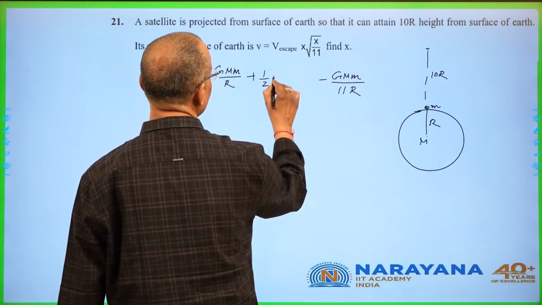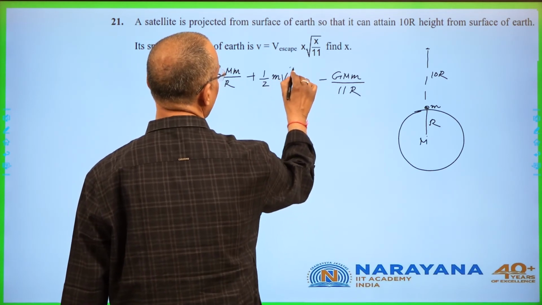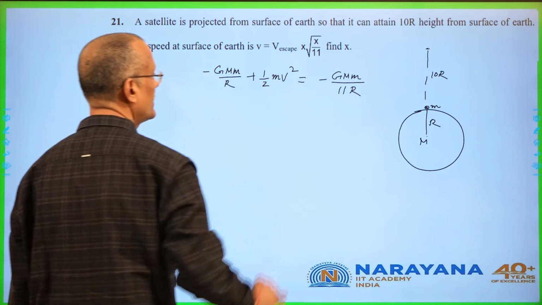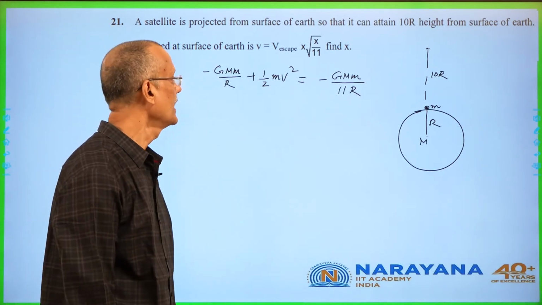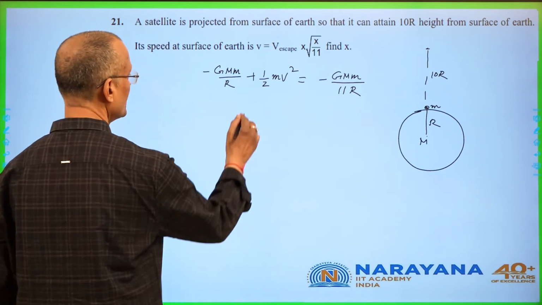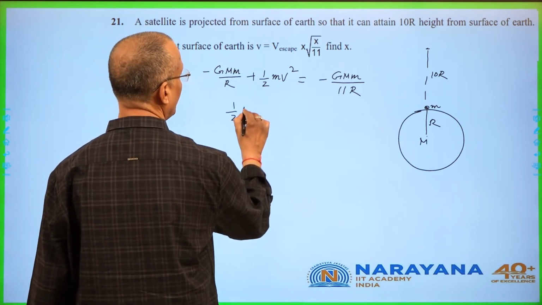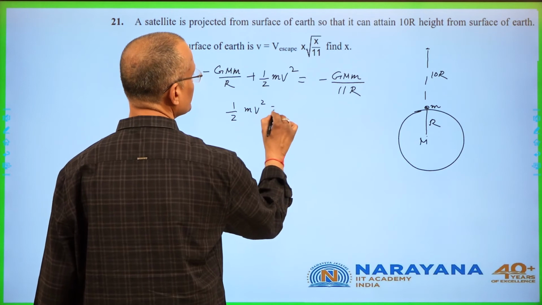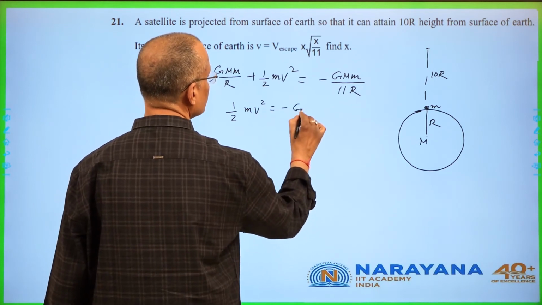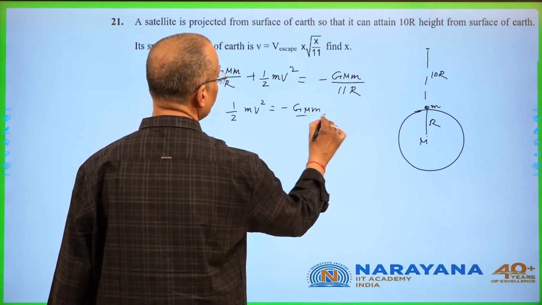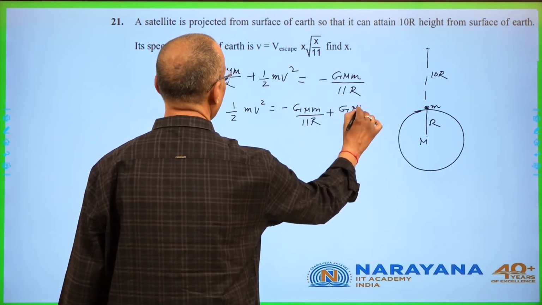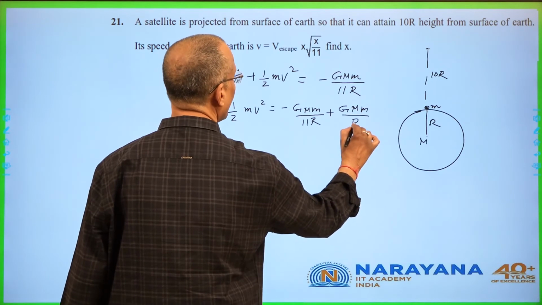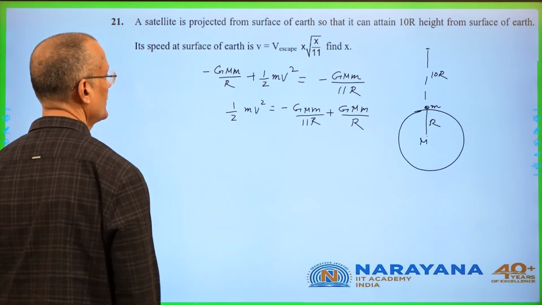If I take a speed v, then plus half mv squared, this will be equal to minus GMm by 11R. So how much I am going to get? Half mv squared equals minus GMm by 11R plus GMm by R. Clear to you?